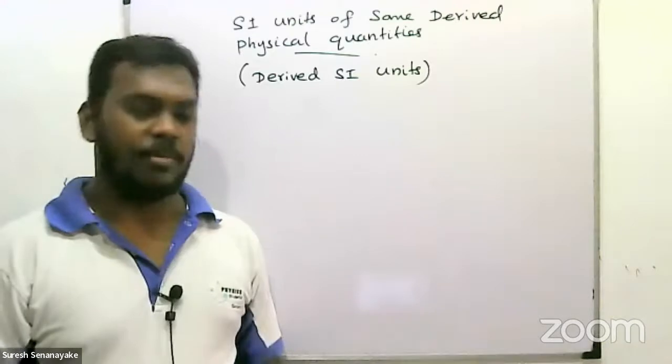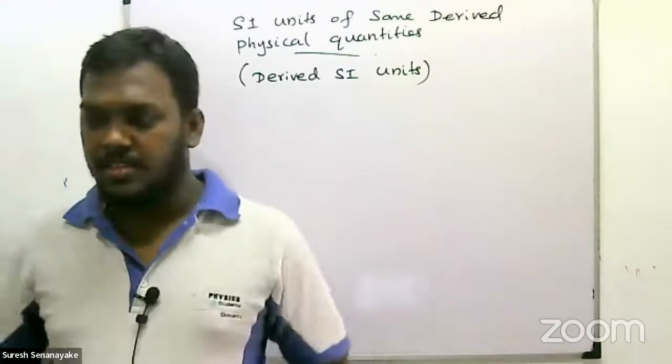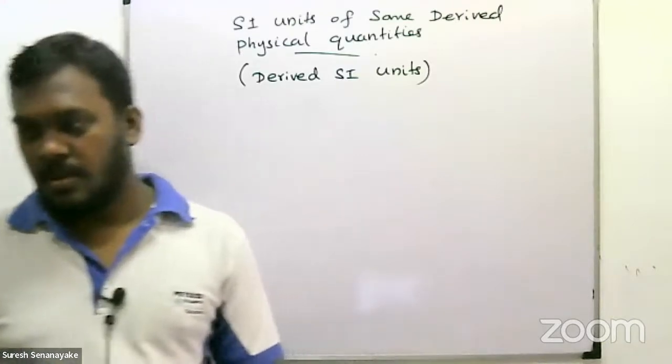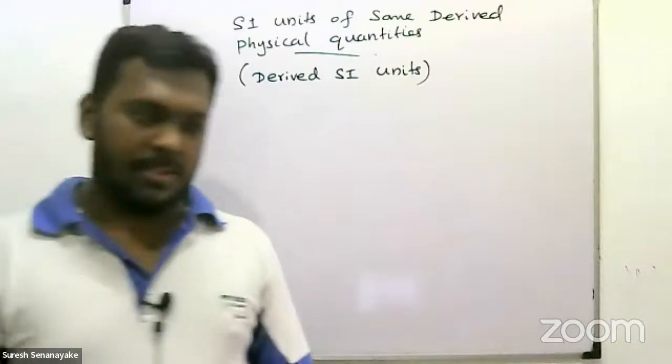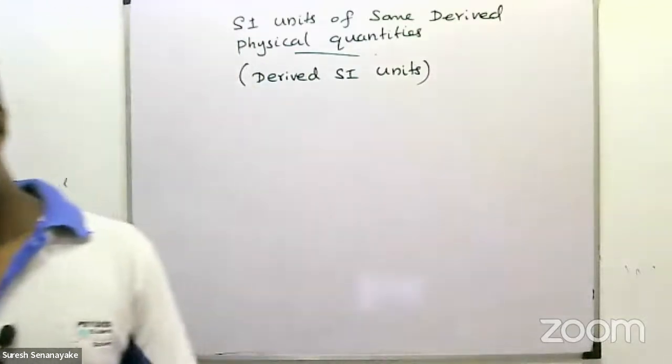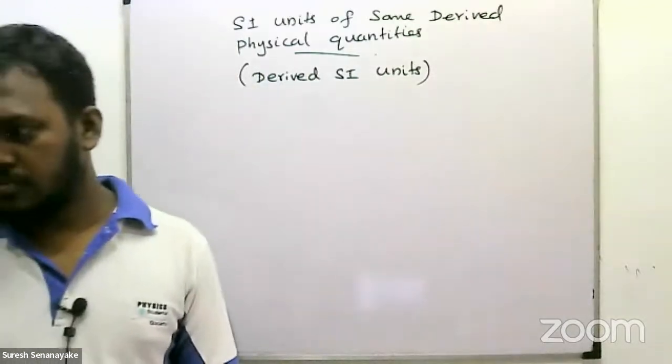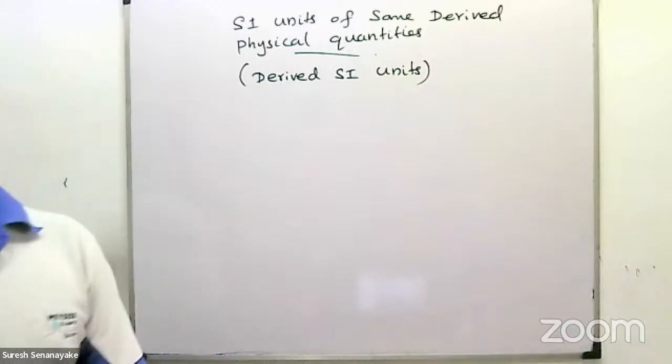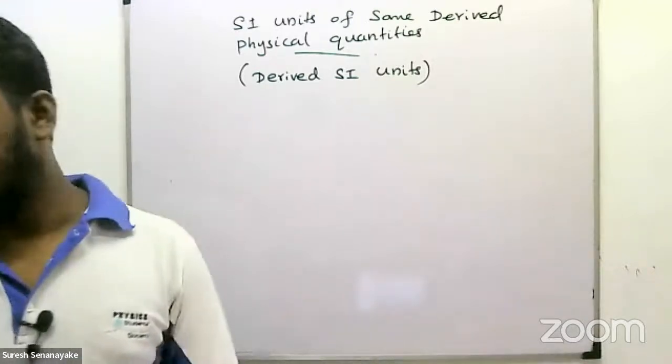Within bracket write the basic units. These are called derived SI units.